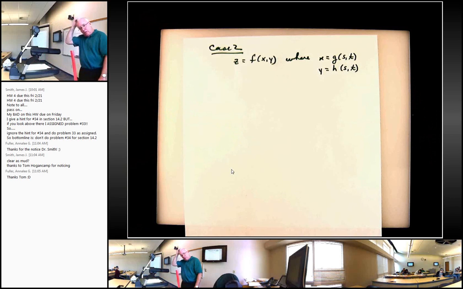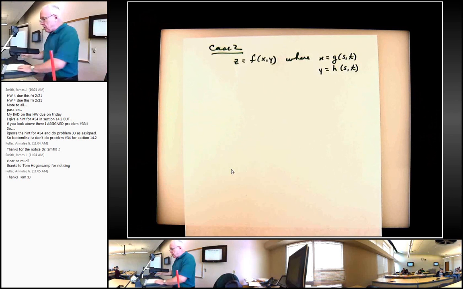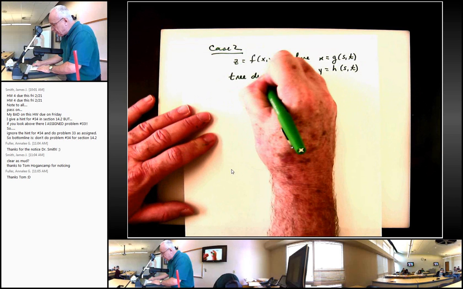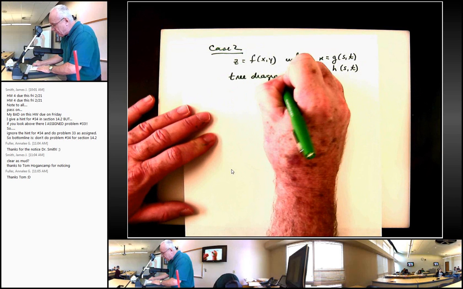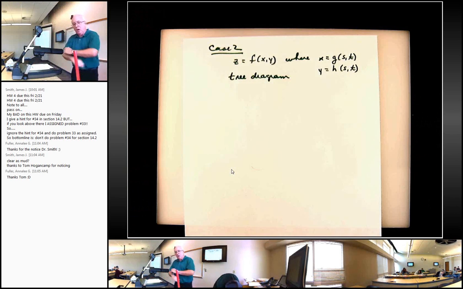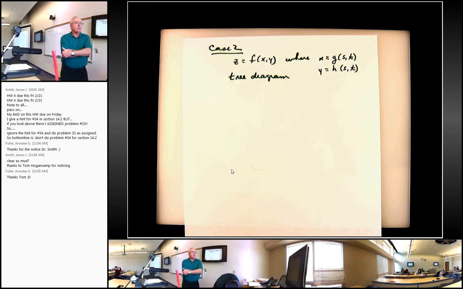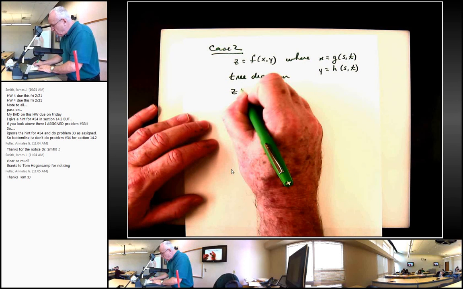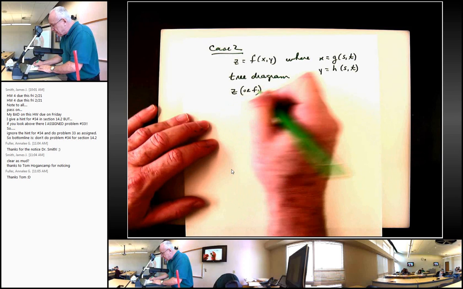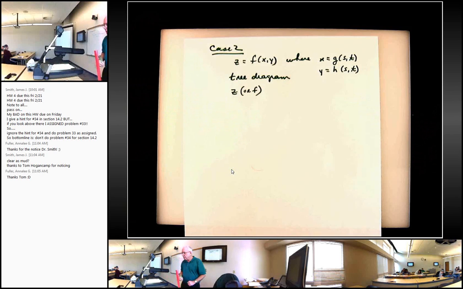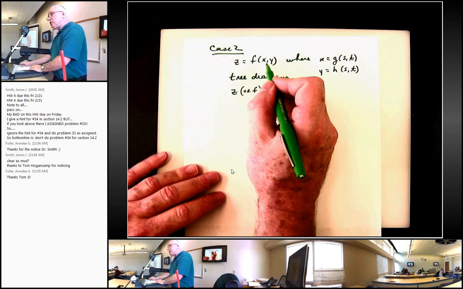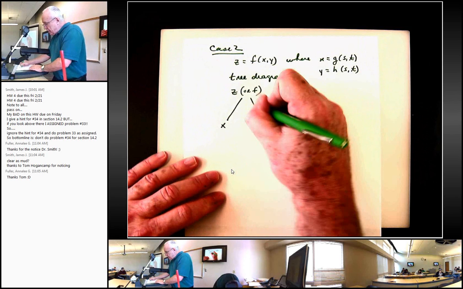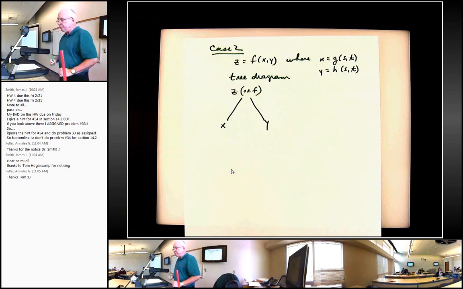All right. So let's figure out how things are going to look by getting a general tree diagram again. At the very top is our top variable, which is z, or we could also have it as the letter f. And now it has two intermediate variables, x and y. So we branch to x, we branch to y.